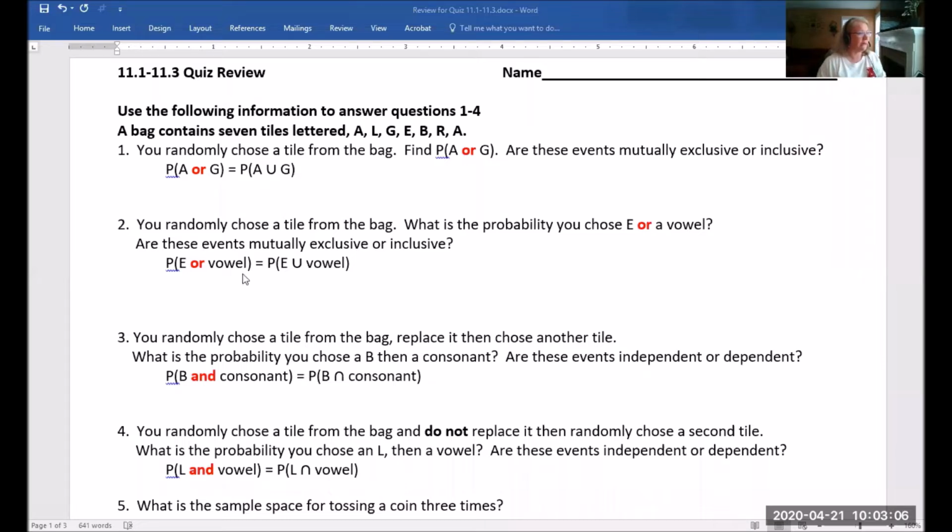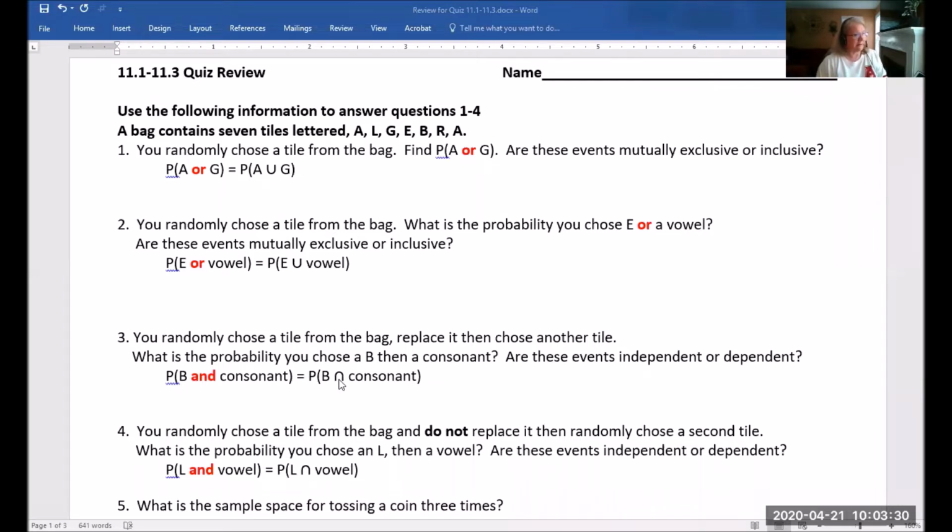With number 1 and number 2 here, notice it says find A or G. Here it says find E or vowel. And remember that that U means or, whereas the other one, we could make this an A, right? Couldn't you just put a slash right there and make that an A? That's a really easy way to remember which one is and and which one is or.